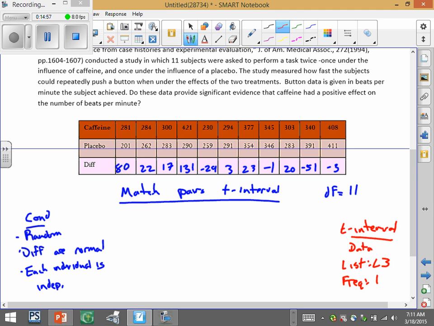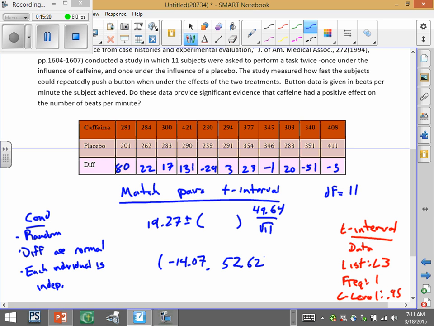And then I'm just going to use a confidence level of 95. Calculate that. So our x bar was 19.27 plus or minus, we have to go get that t star value, and we had 49.64 over the square root of 11. And my interval is negative 14.07 to 52.62.